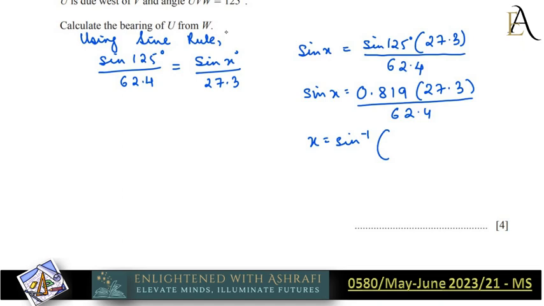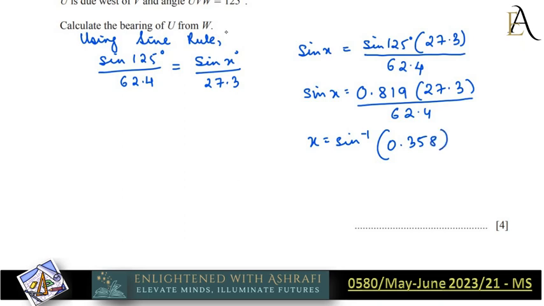Let's do this calculation. That is 0.819 multiplied by 27.3 divided by 62.4.